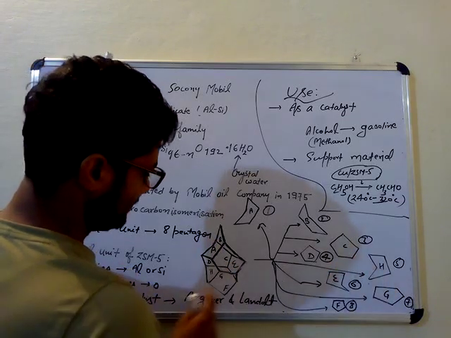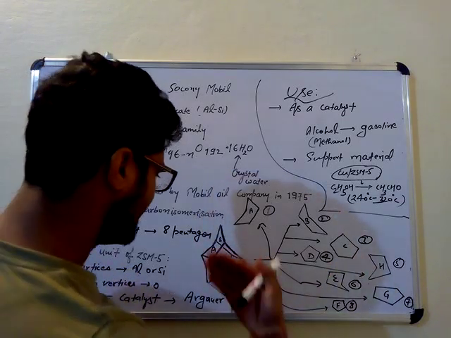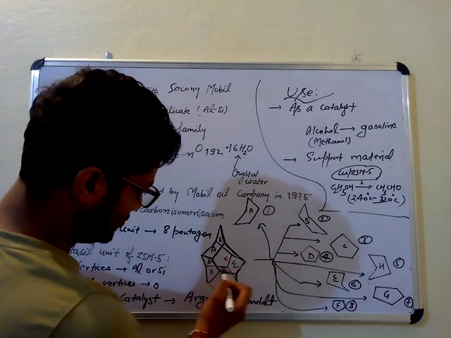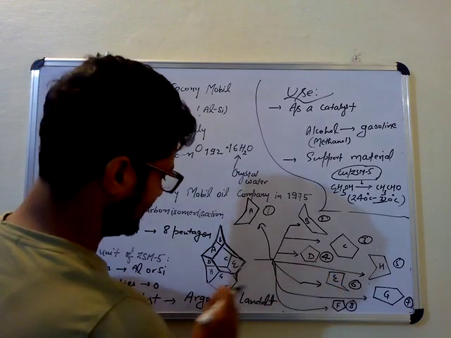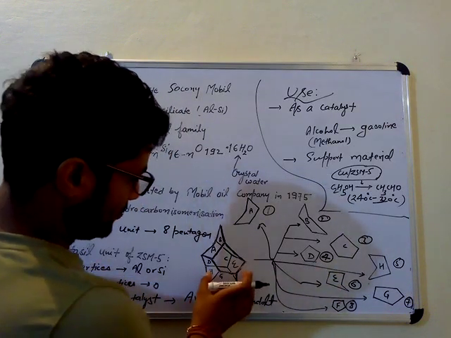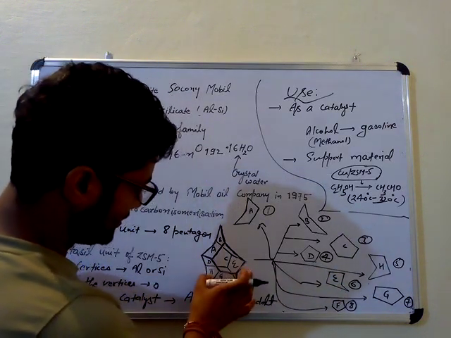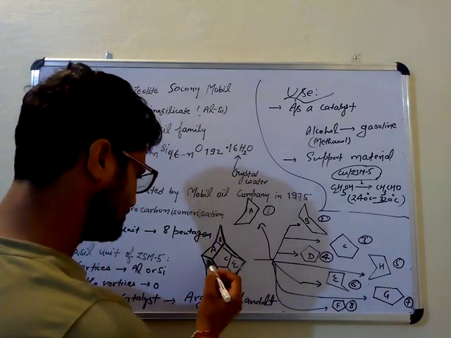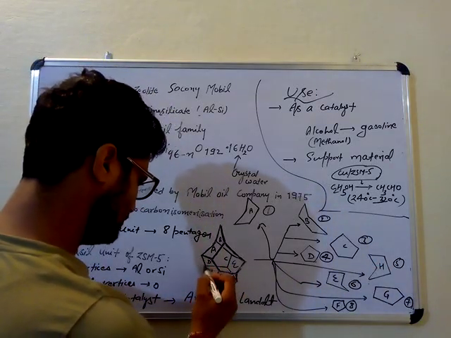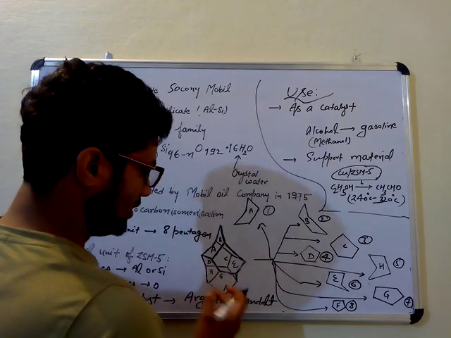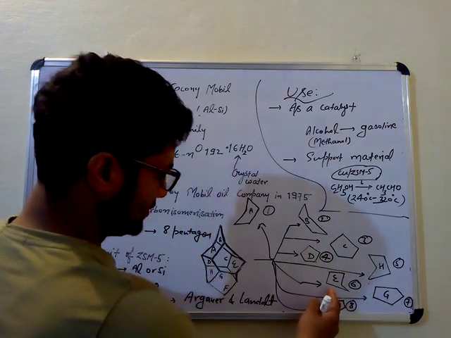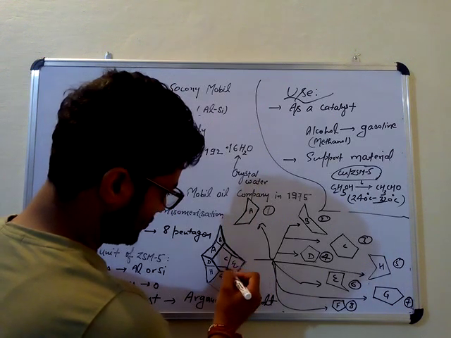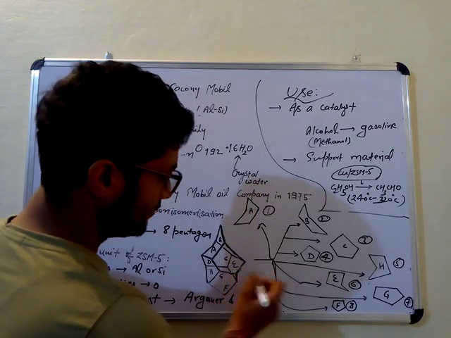There is another pentagon on the backside of C, which is D: 1, 2, 3, 4 and 5. And now we move towards pentagon H: 1, 2, 3, 4 and 5. There is another one, pentagon E: 1, 2, 3, 4 and 5.